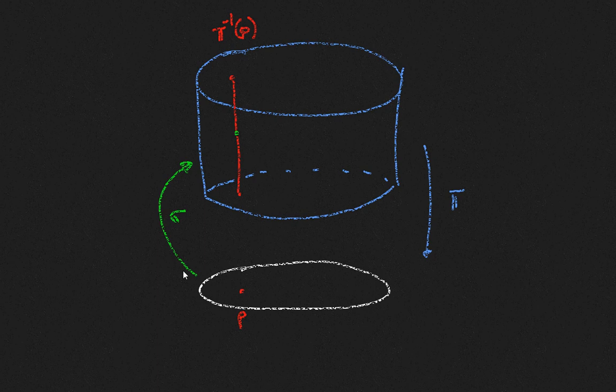And so you end up with something like that, which for every point meets the preimage exactly in one point. So this is sigma of P, this is sigma of Q, okay? And it's called a section because it cuts the big space above.